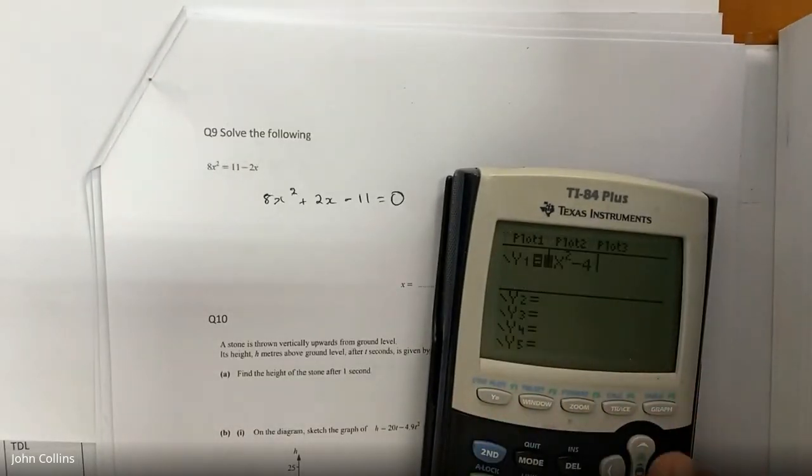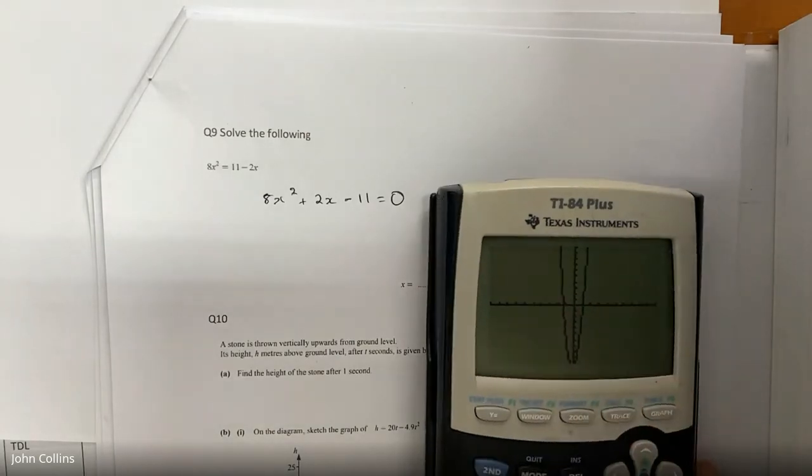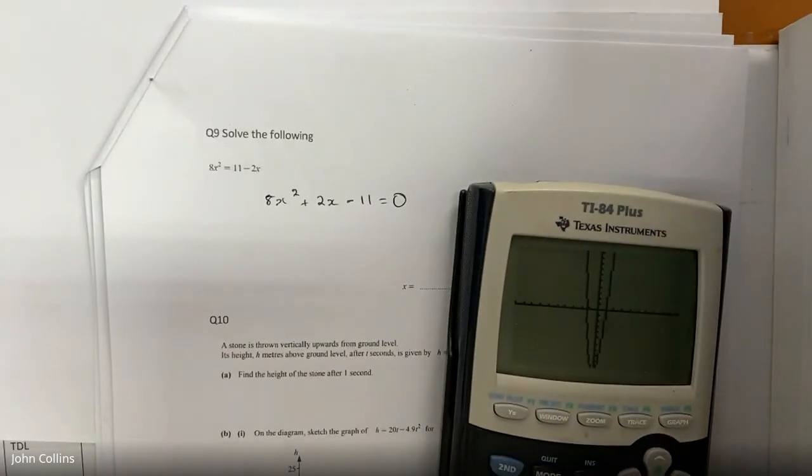So let's show you with the calculator, which is 8x squared plus 2x minus 11. Graph. There it is. We just need to find where it crosses the x-axis.